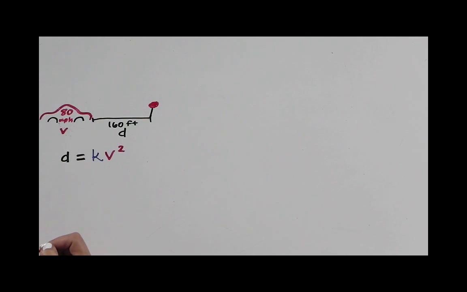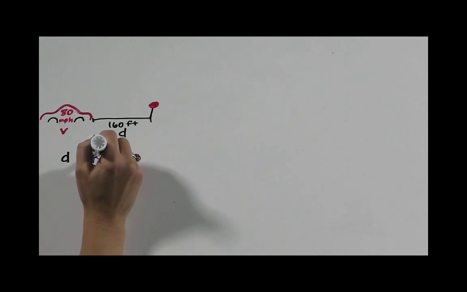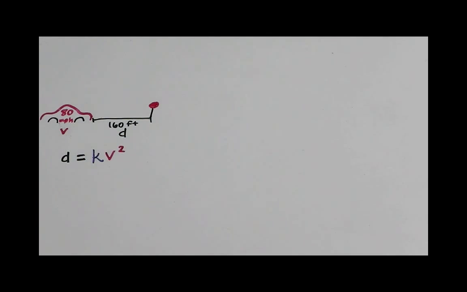And then they want us to find the stopping distance required by this car going at 30 miles an hour. So first, we have to figure out what this relational constant is. And we have enough information to find that out as it is.